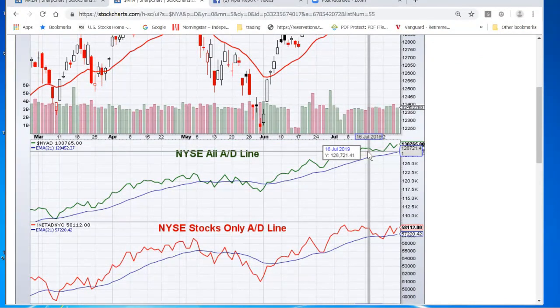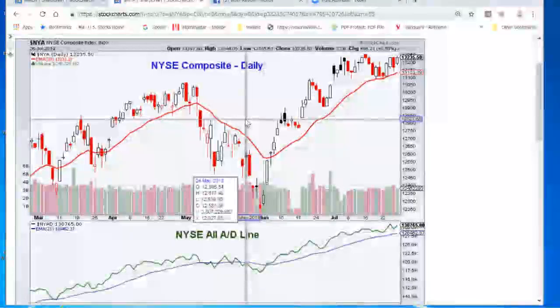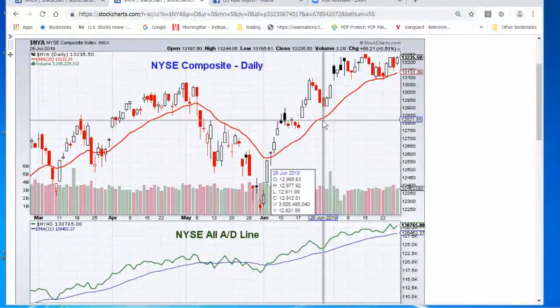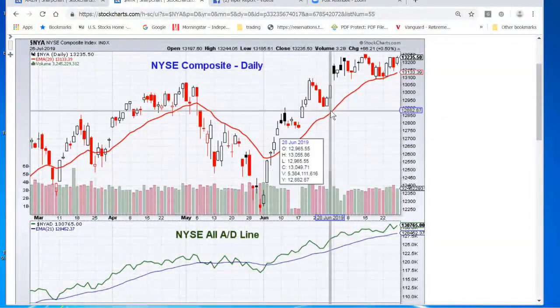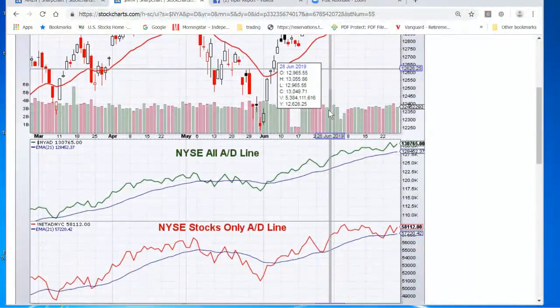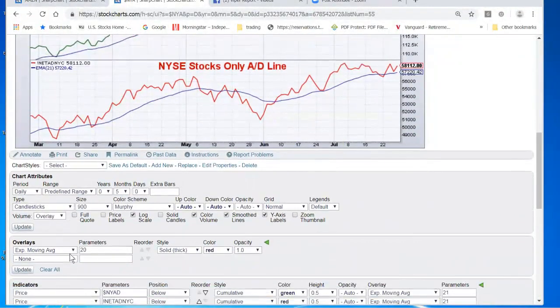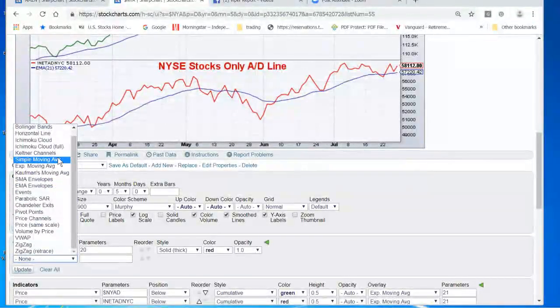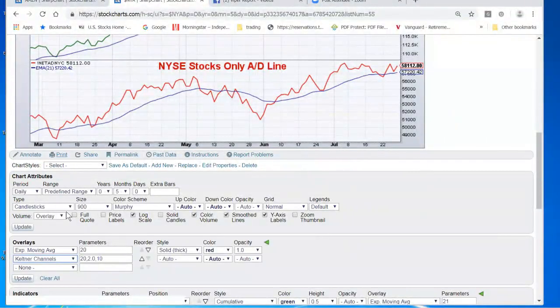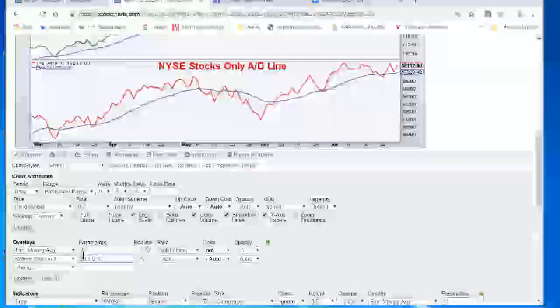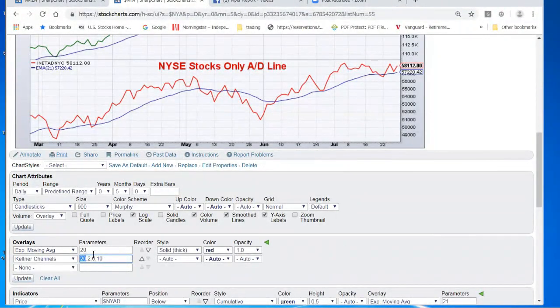I'm thinking next to be looking at combining entry Stark bands and the 20-period EMA for entry points. Even if you look at this chart here, we can add in the Keltner channels and modify them to approximate Stark bands.